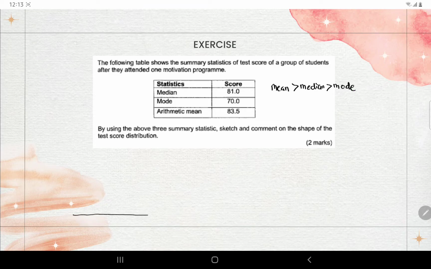So we can sketch the distribution here. Our mean is here, where it is 83.5, the median is 81, and the mode is 70, our least value.